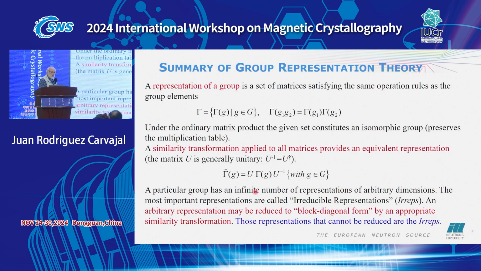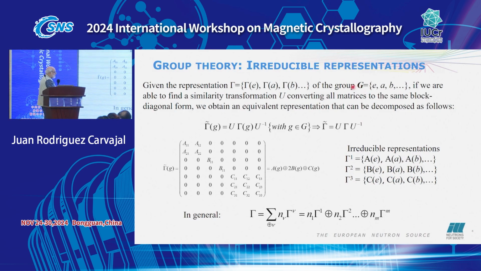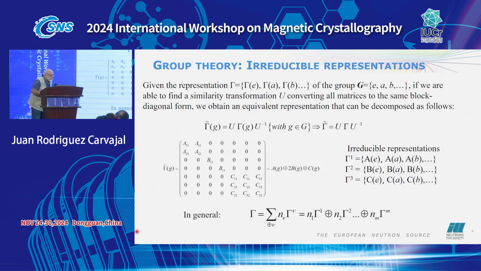One important concept is the concept of irreducible representations. Irreducible representation means that they cannot be made smaller. Then you have a big matrix, and for instance, if we come here, we have a representation Γ of this group. Suppose that this Γ is an arbitrary representation.